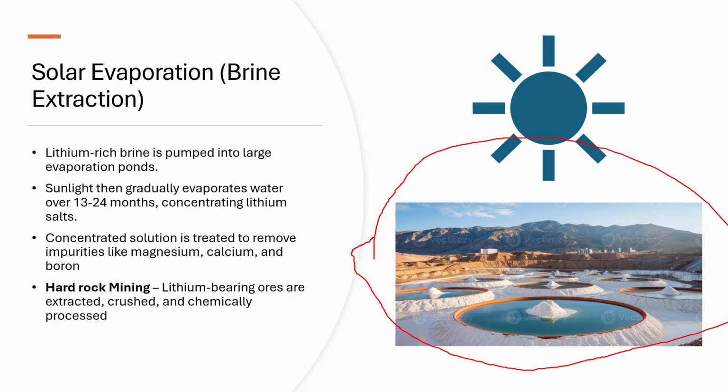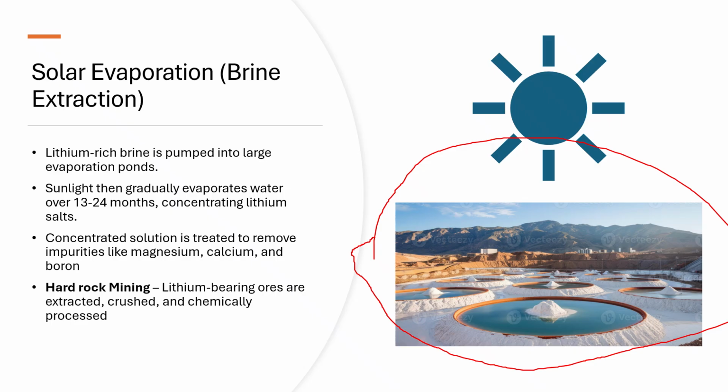There are some challenges that do arise with the traditional method of solar evaporation. Some of those challenges include high water consumption, anywhere from 118,000 to 210,000 gallons per ton of lithium carbonate. It also causes a large land footprint, approximately 903 acres per 1,000 tons.